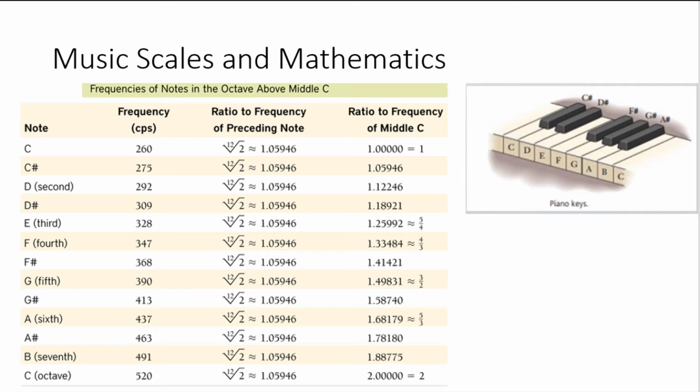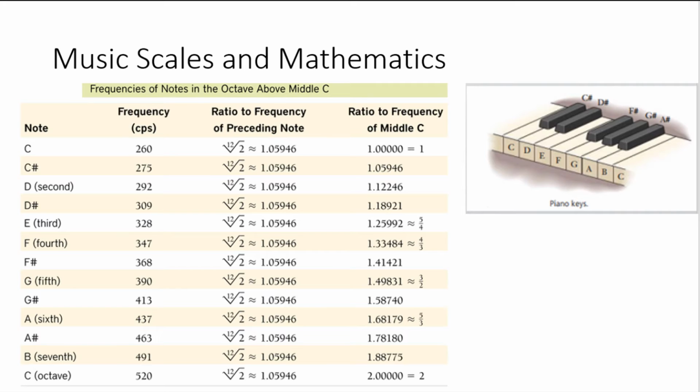The first one is C. The CPS is 260. The 12th root of 2 is approximately 1.05946, and the ratio to the frequency of middle C is just 1.